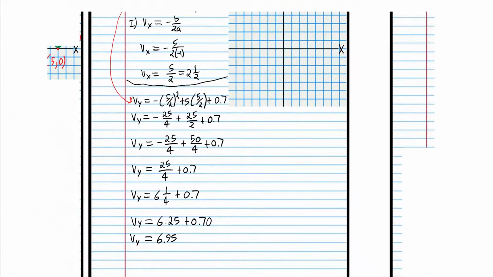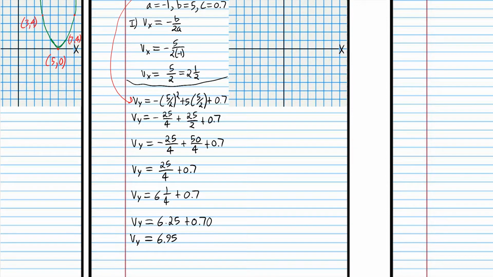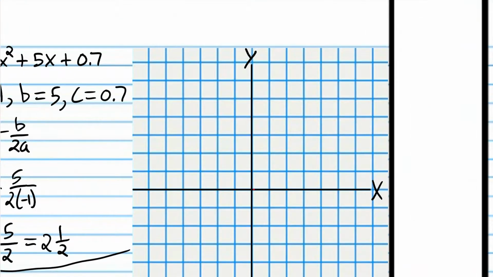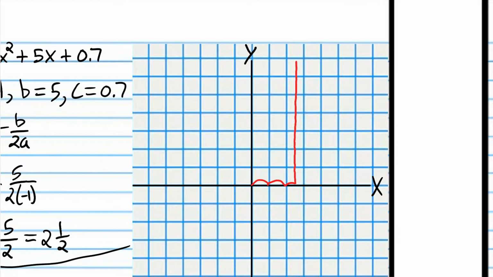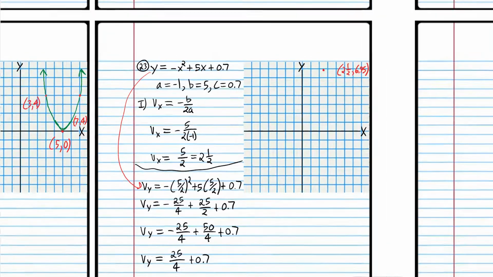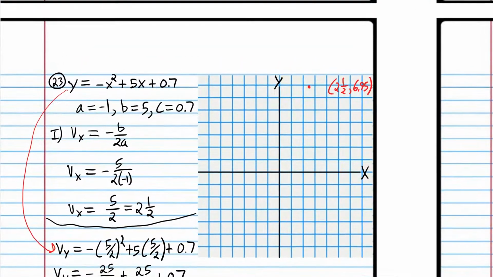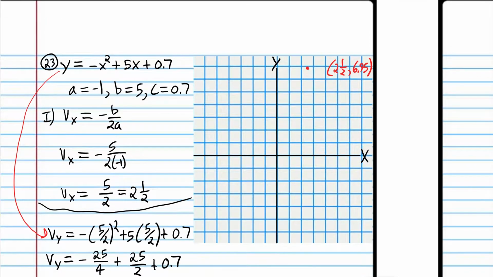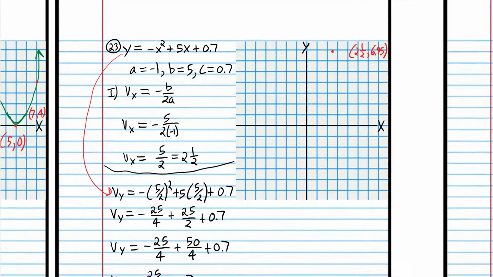So now we have the vertex. It's 2 1/2 and 6.95. So 2 and 1/2 and 6, 1, 2, 3, 4, 5, 6, and 95 is right up there. All right, so now we're going to find, let's see here, I think we can maybe plug in 0 for x.